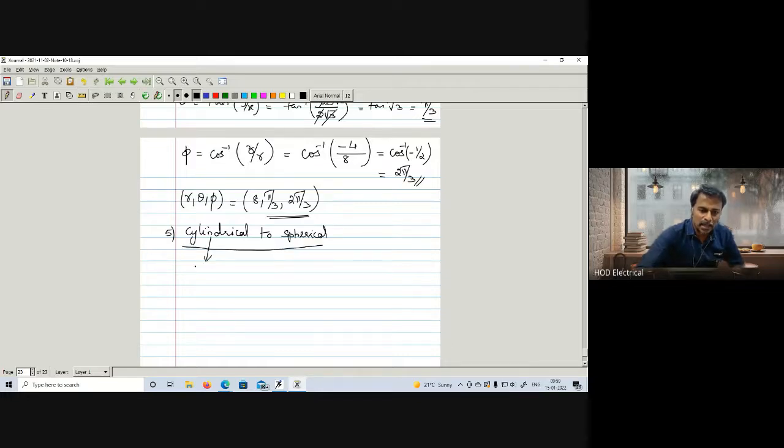Cylindrical means r, phi and z. Spherical means r, theta and phi. So we are going to convert everything in cylindrical to spherical.